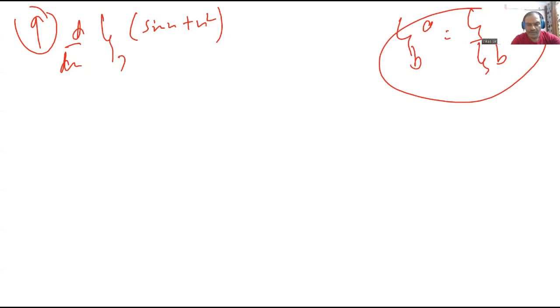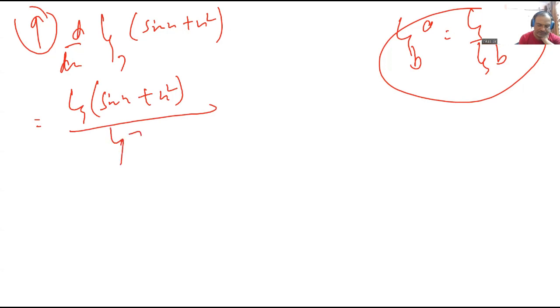Now, this can be written as log of sine x plus x squared over log 7. These are the two parts in which we can separate the whole function: log of sine x plus x squared in the numerator and log 7 in the denominator. This is the d by dx.